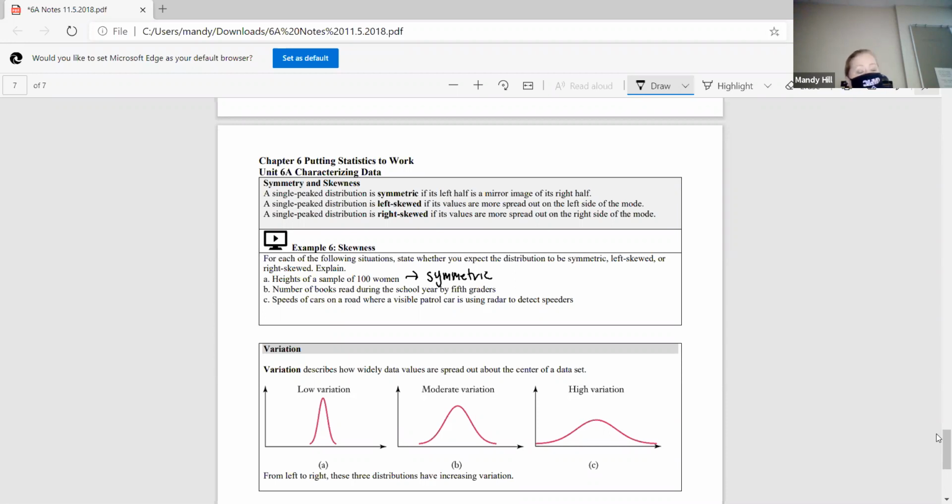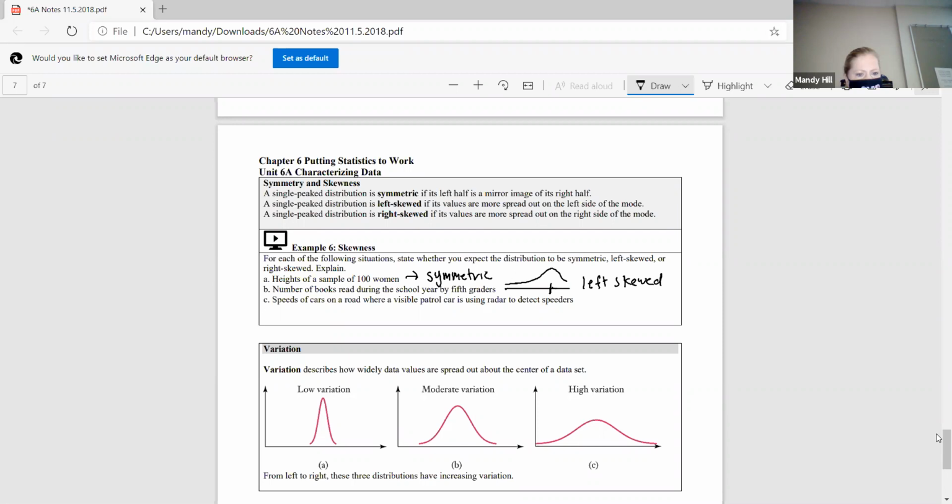So during the school year, I would think that the data is going to kind of look like this. There's going to be a few students who don't do what they're supposed to, but more than likely they want a good grade. So they're going to tend to be more on this higher end of reading books, which has more data on the right. So it is left skewed.